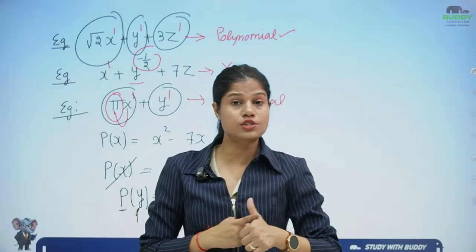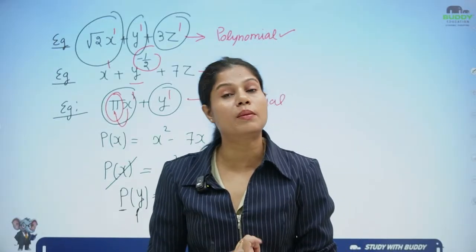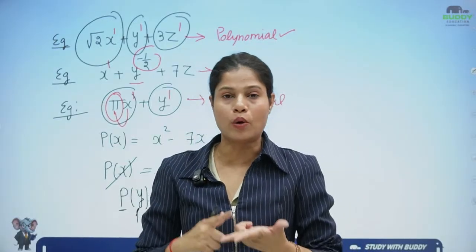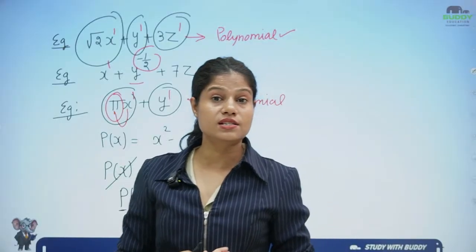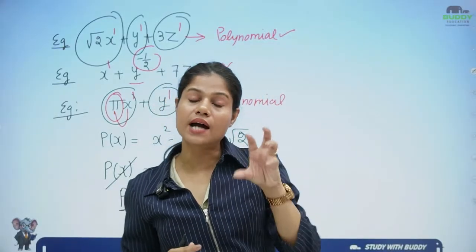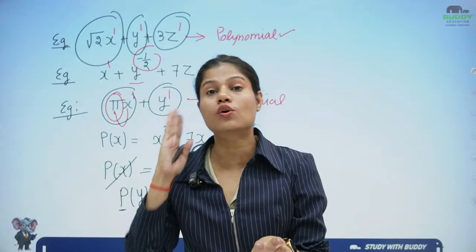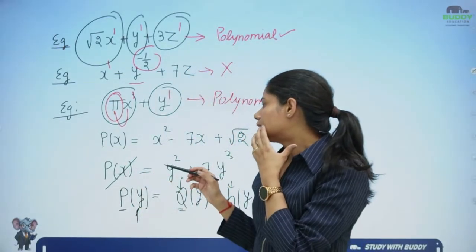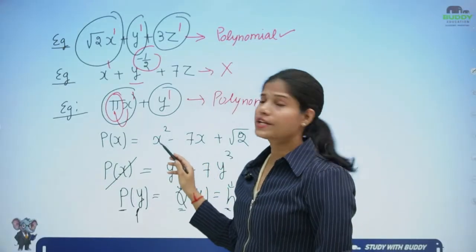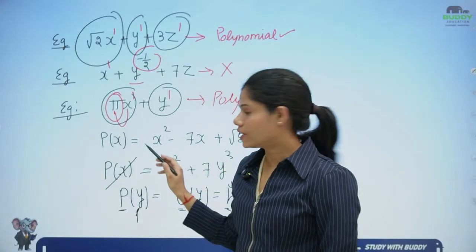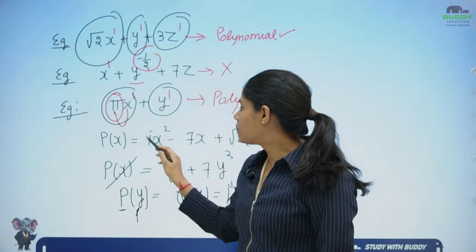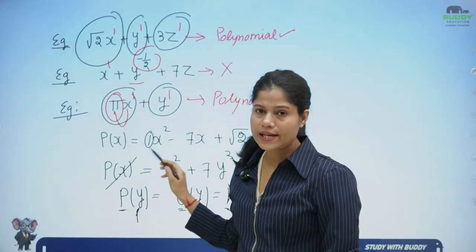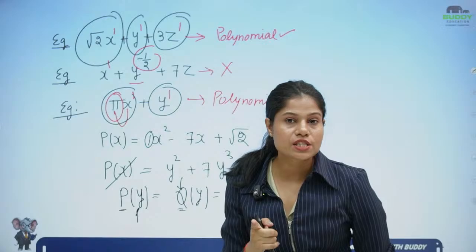So we understood how we can count the number of terms in any polynomial. We have also understood coefficient means the part which is being attached to the variable. For example, if I ask what is the coefficient of x square over here? You will see that, ma'am, number 1 is attached with the x square. So the coefficient of x square will be 1.